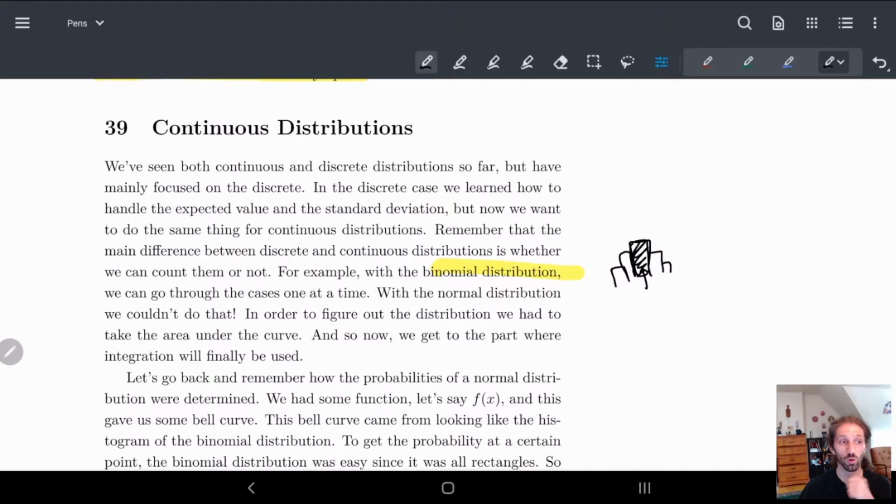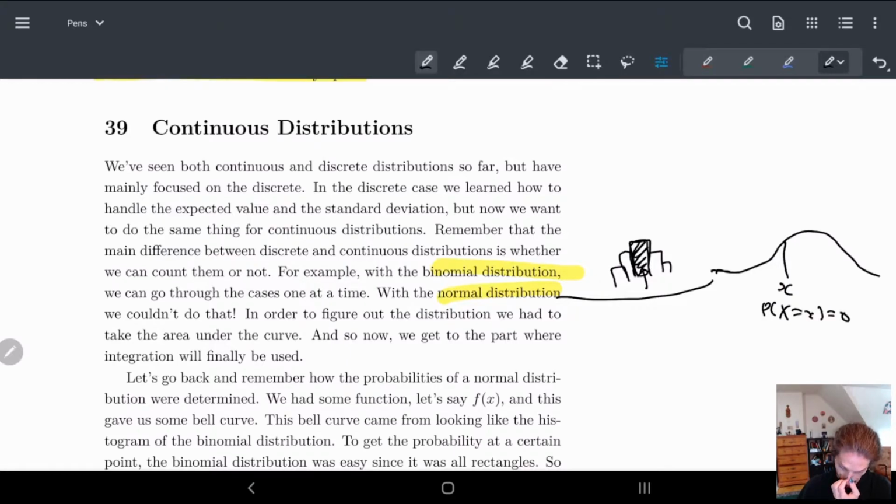And this was always some number. But when we looked at the normal distribution, it was something like this, and if I took the probability at any point, then the probability was 0, right? We said the probability at any point is 0.